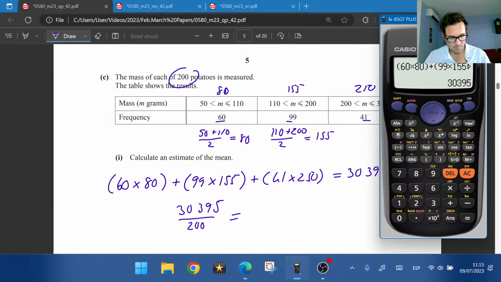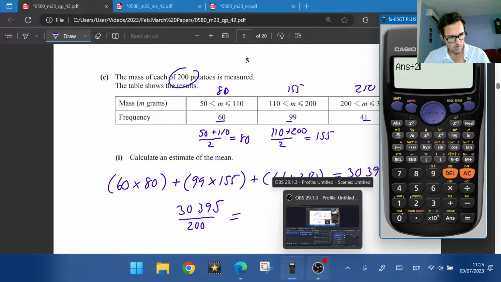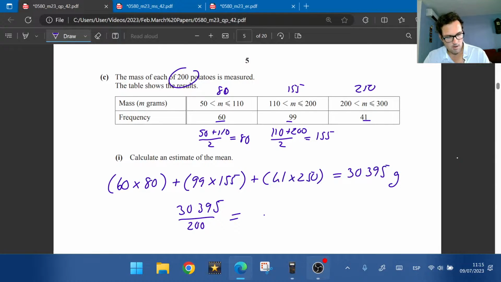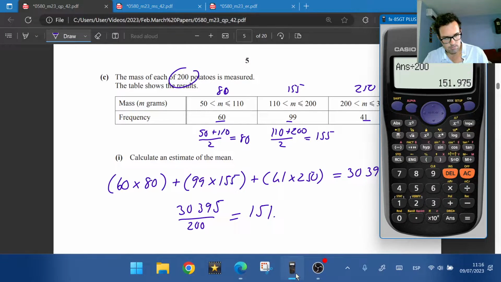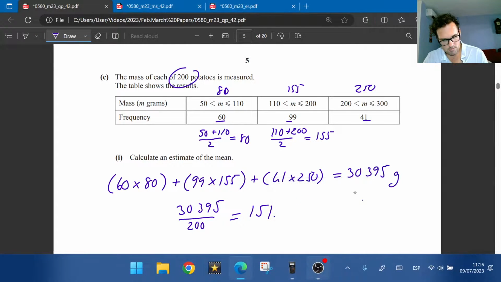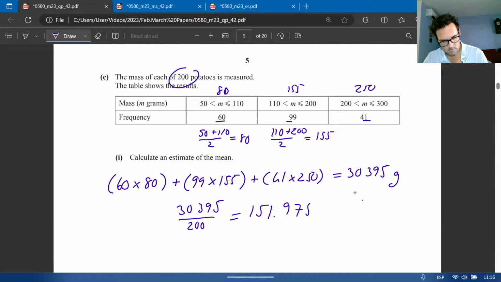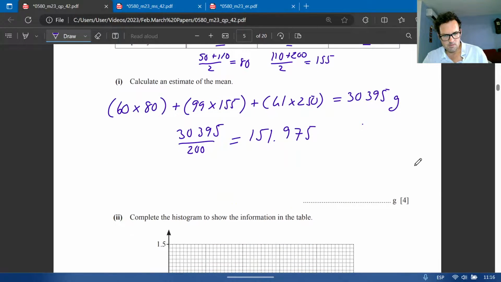Okay. 151.975. Now, do we round this? Well, the thing is, this answer is actually exact because it's not a continuous number of decimals.